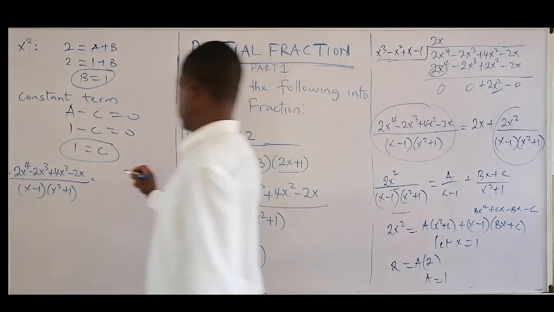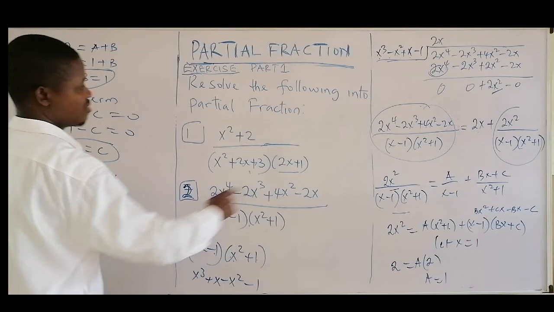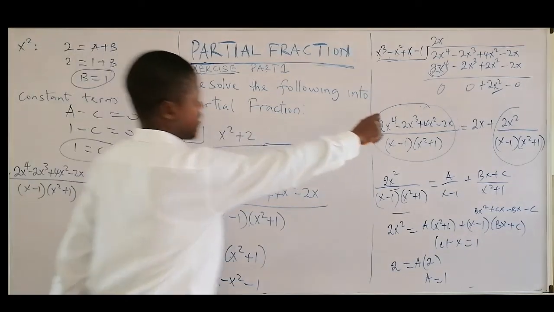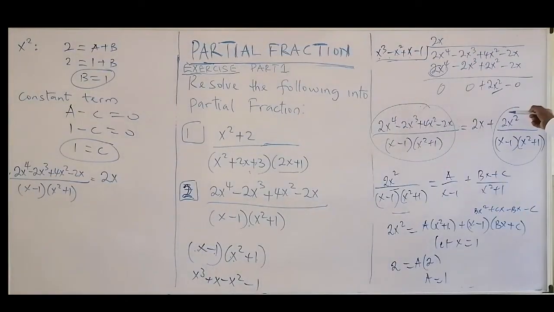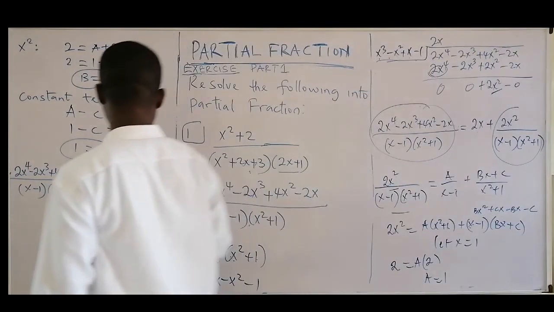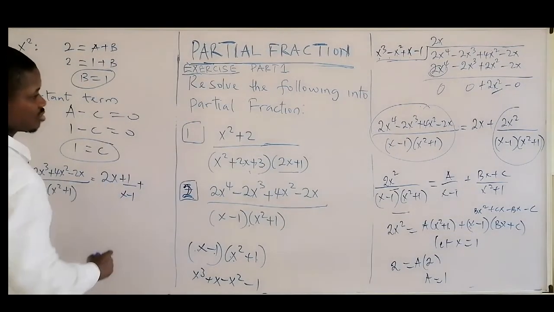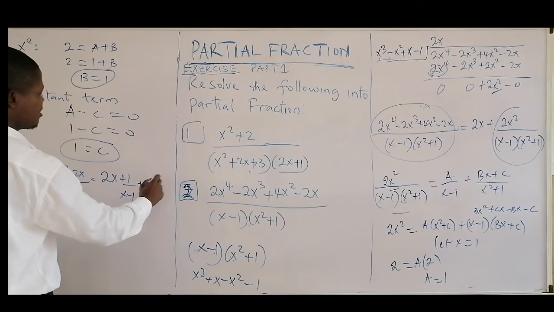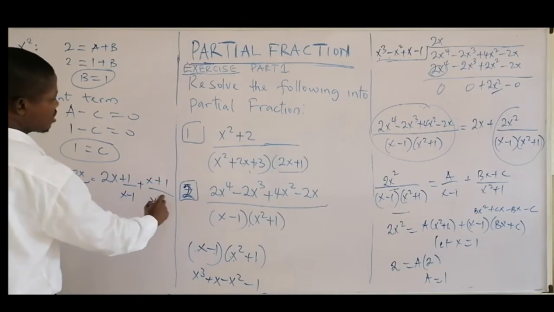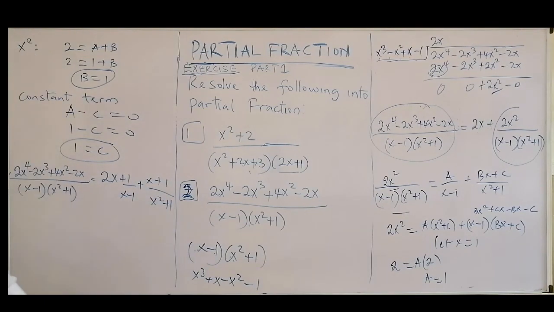Don't forget that 2x. Put your 2x there. Then plus this fraction has its own partial fraction, and A is 1, so plus 1 over x minus 1, then plus B is 1, and C also is 1, (x plus 1) over x^2 plus 1. So that's that on that question.